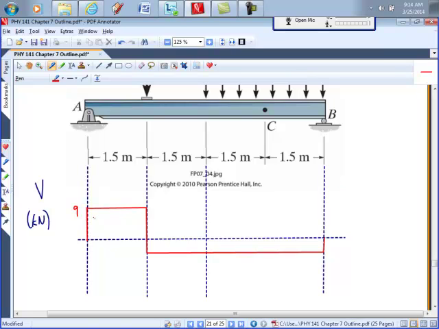So this is point load. All right, so we're going to switch colors and draw the distributed load. So the distributed load starts at what value?